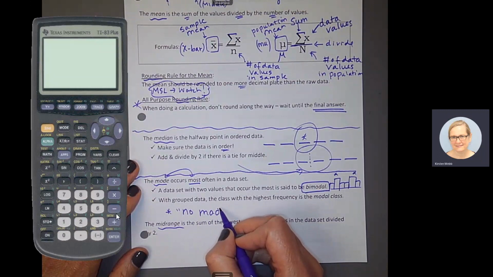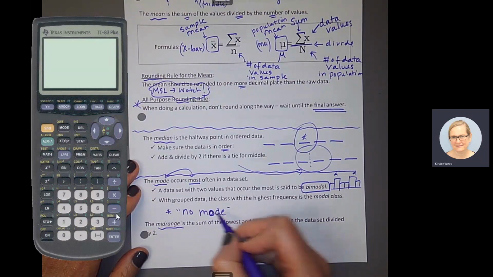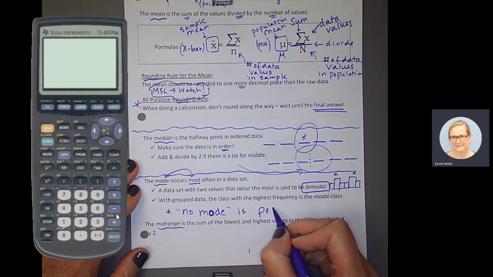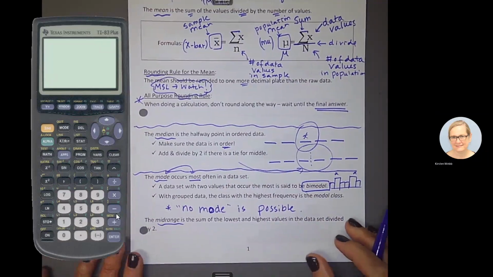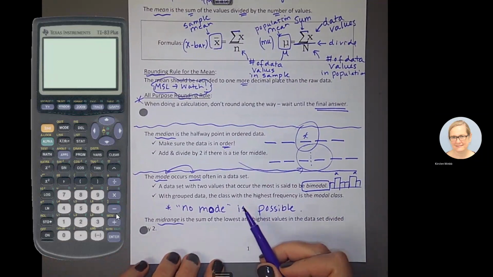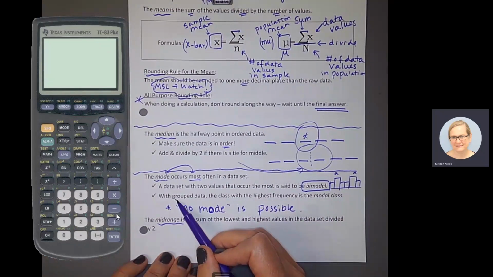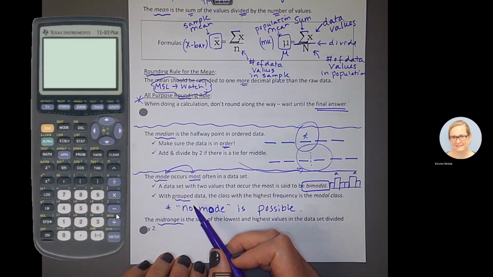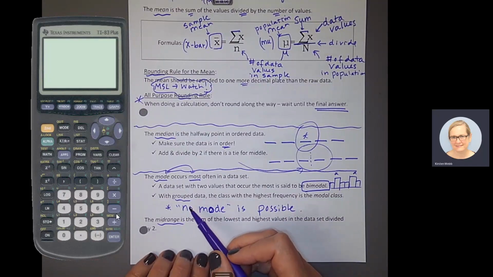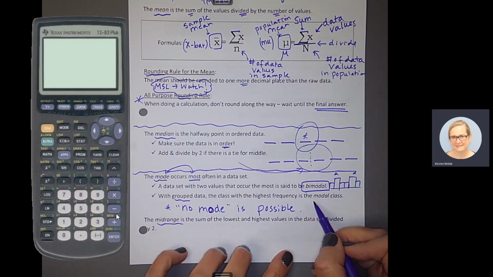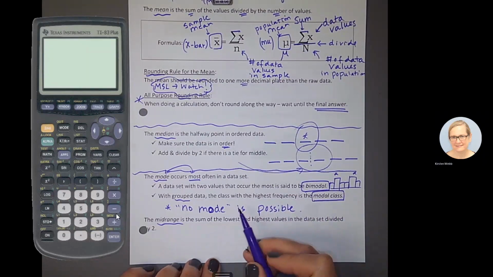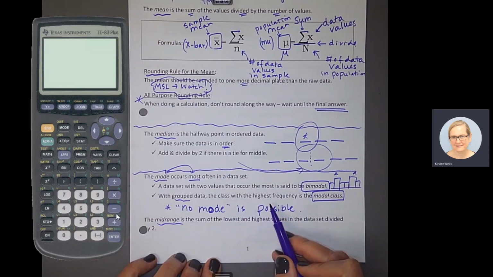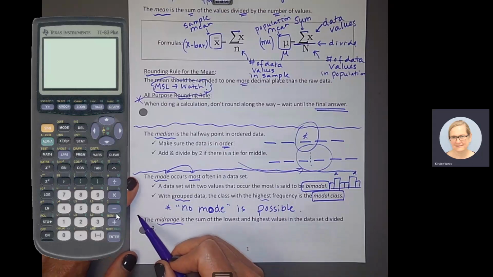If there's no one number that occurs more than the others, no mode is possible. A little later today, we'll be looking at grouped data again, data that's already been grouped into classes. And then we won't say just mode, but we'll talk about the modal class, which is the class that has the most in it. Or in other words, the class with the highest frequency.